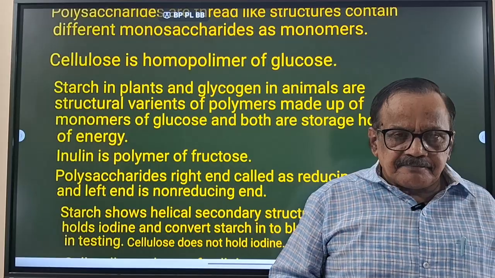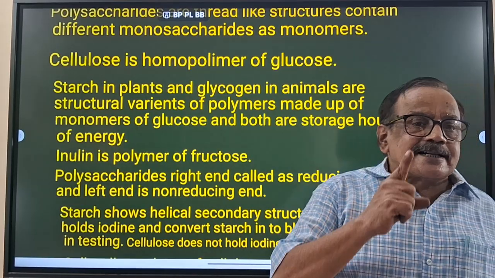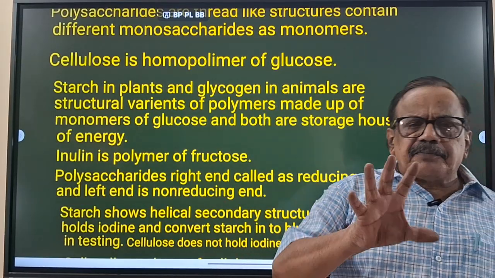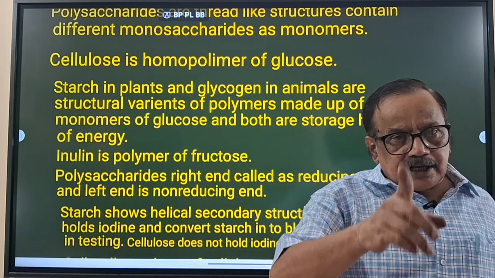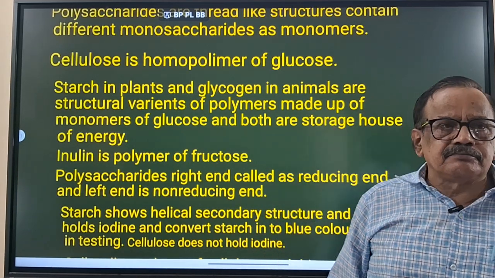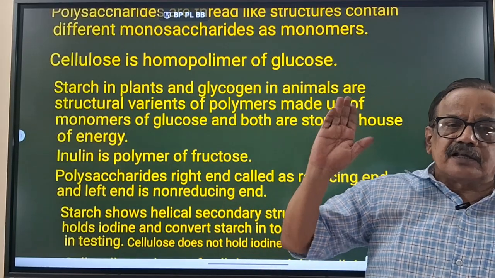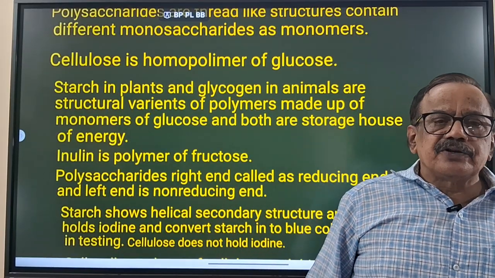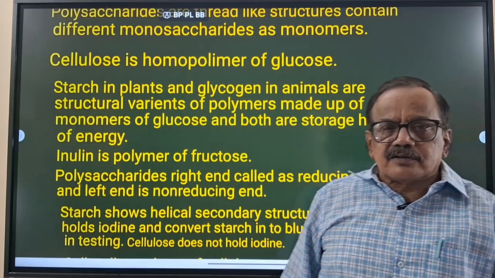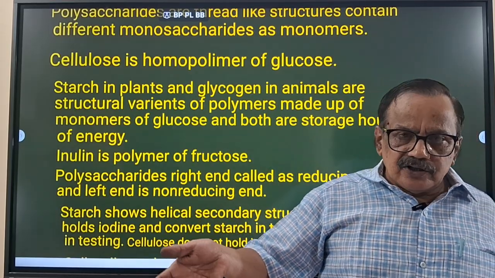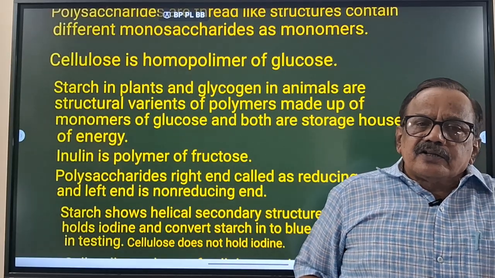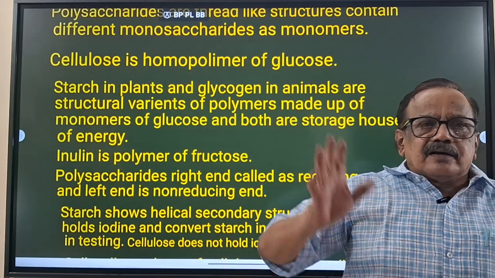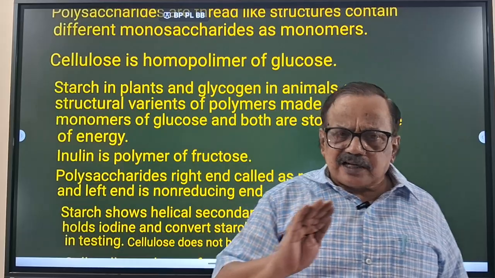That is the thing. For example, generally the sugars are cyclic. First carbon and fourth carbon. First carbon is reducing, fourth carbon is non-reducing. Right side is reducing and left side is non-reducing, and the non-reducing end will be the fourth carbon and the reducing end is the first carbon. That much you remember.